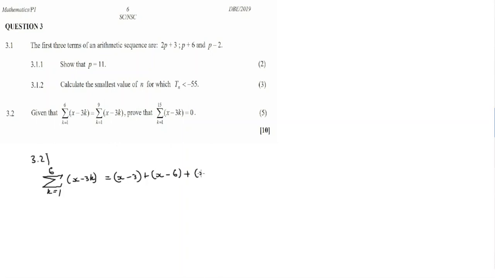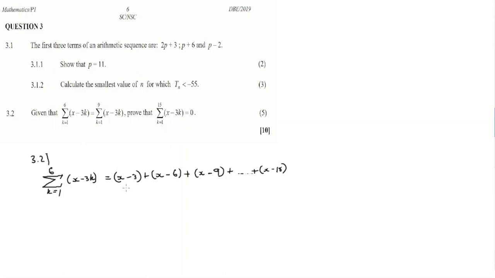Third term I get x minus 3 times 3, which is 9, plus for the last term I get 3 times 6 is 18, so x minus 18.